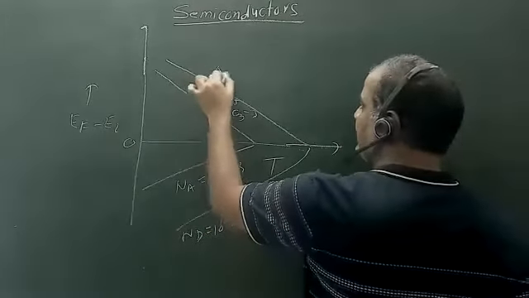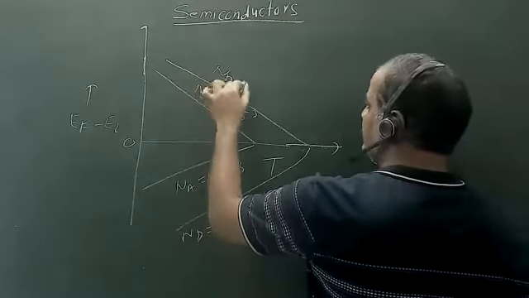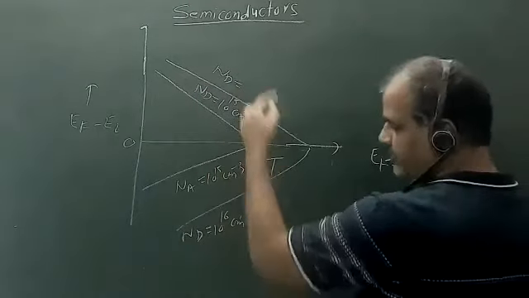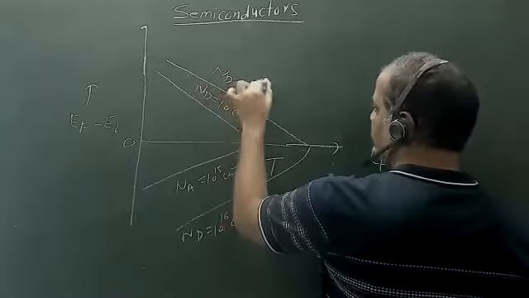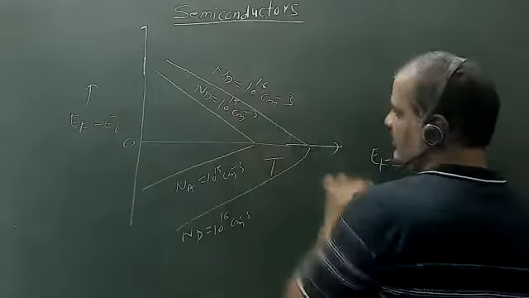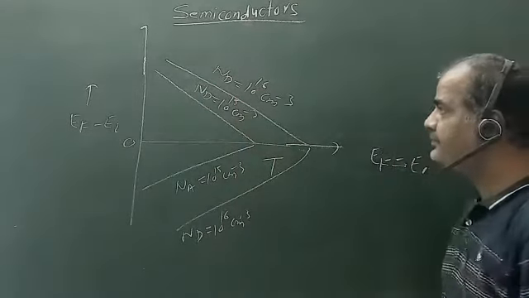So slowly with temperature your Fermi level tries to come to the middle of the band gap. This is your temperature variation of Fermi level, okay.